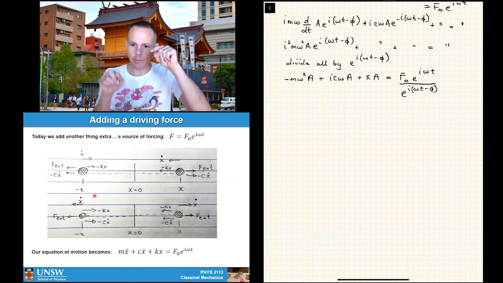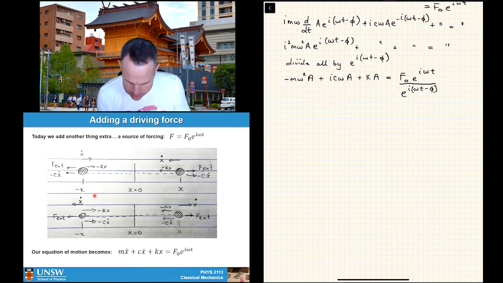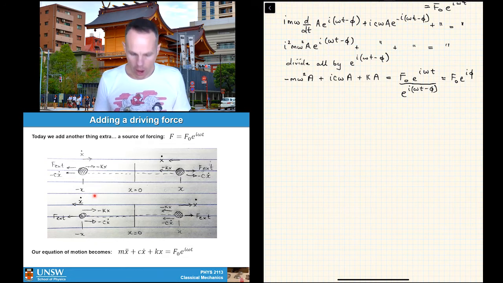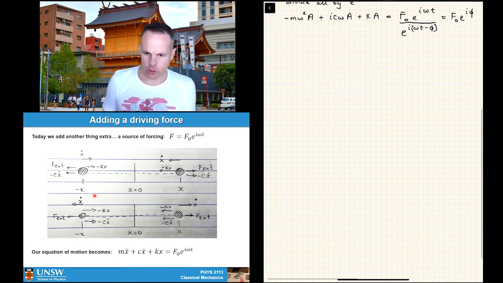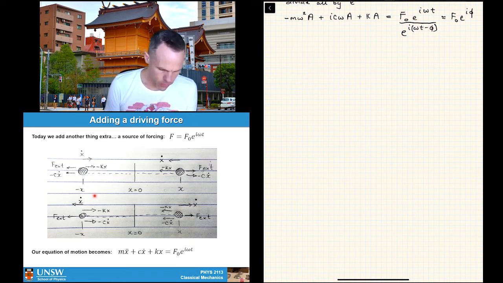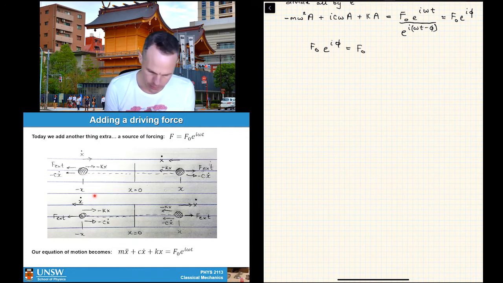The minus phi in the bottom will change signs and pop up the top. And so this is F₀ e^(iφ). Okay. And of course you know from Euler's theorem that we can write F₀ e^(iφ) as F₀ cos φ plus i sin φ, like so.